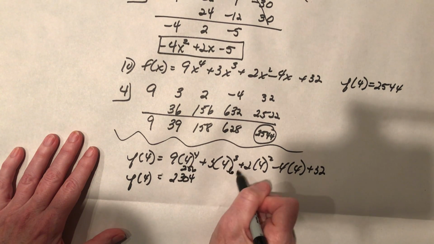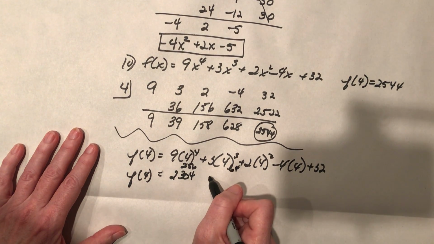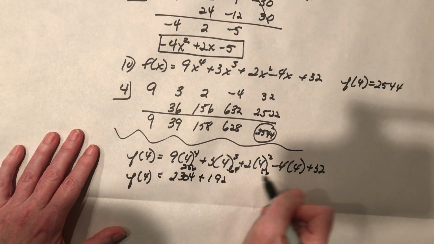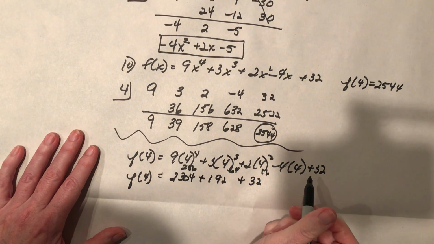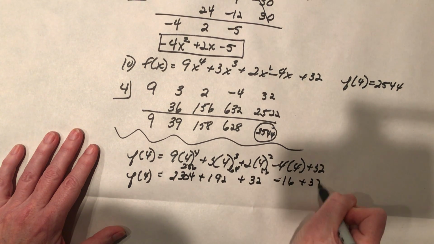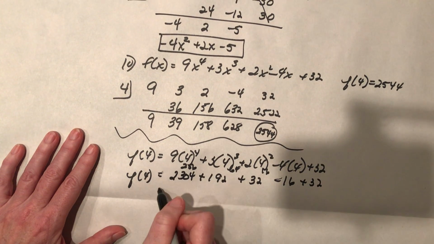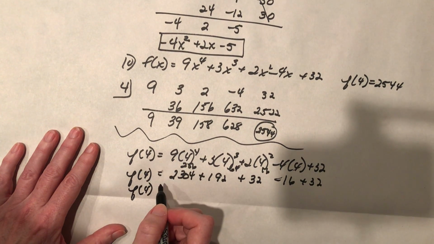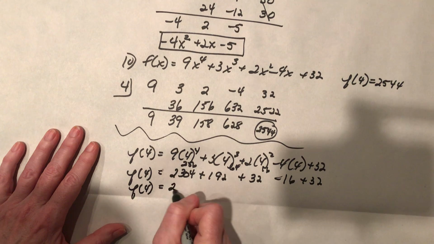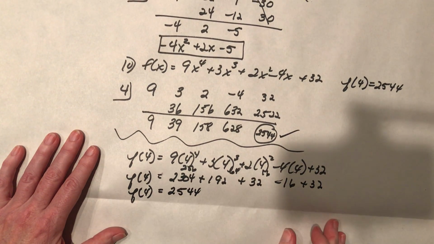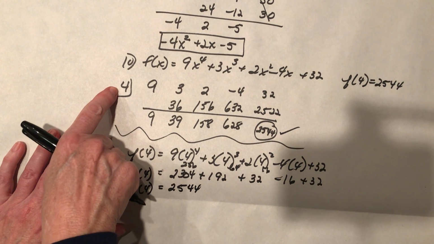We're doing 3 times 64, which will give us 192. We're doing 2 times 16, which will give us 32. Negative 4 times 4 is minus 16. And add in that 32. And f of 4, if you add all those together, you're going to get 2544, as promised, by using the remainder theorem and synthetic division.